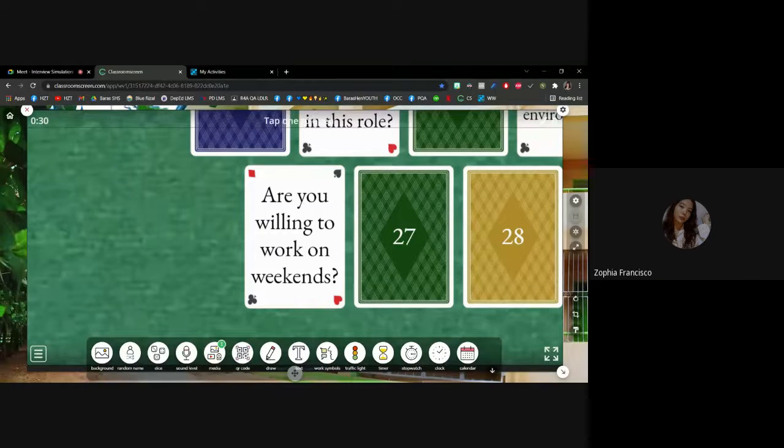Ma'am, kasi po, weekends is the best day for family day po. And ayoko pong mag-work kapag family day kasi minsan lang magkaroon ng magkakasama yung family. Ayun lang po. Thank you.